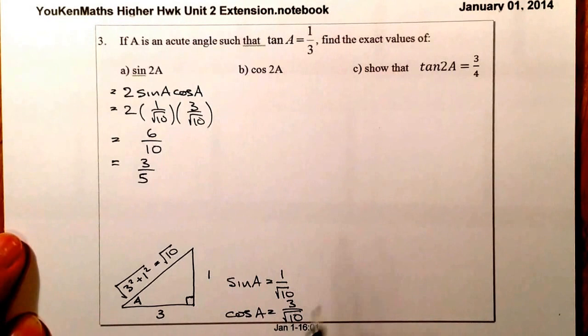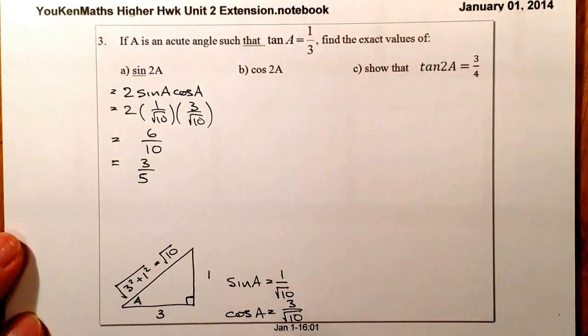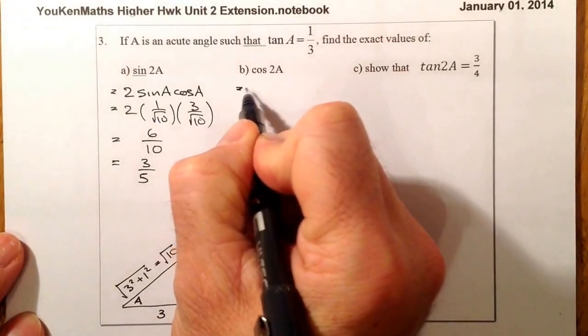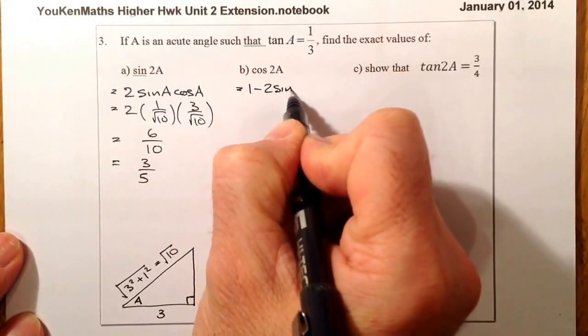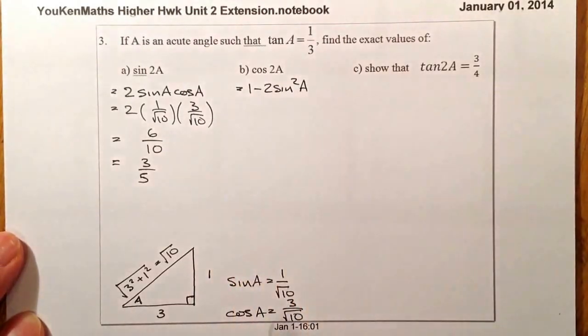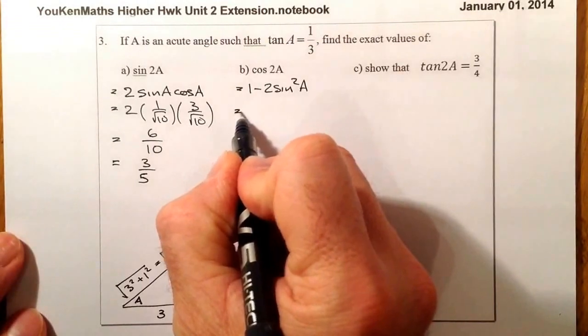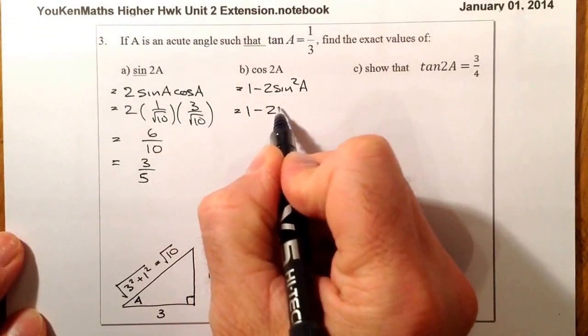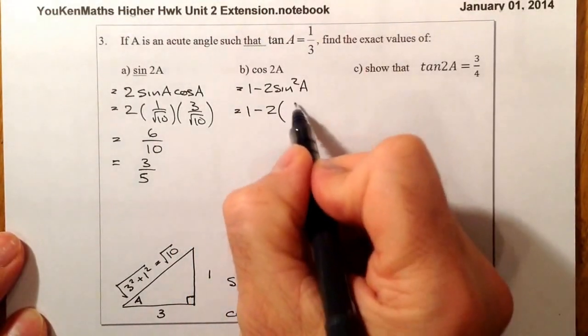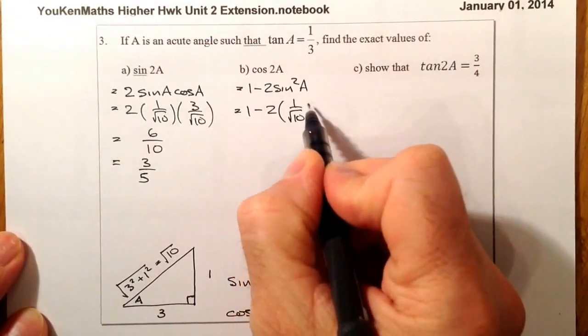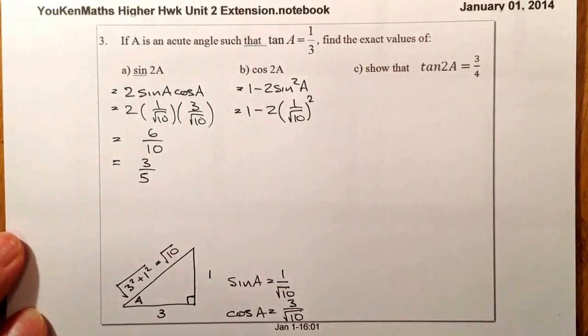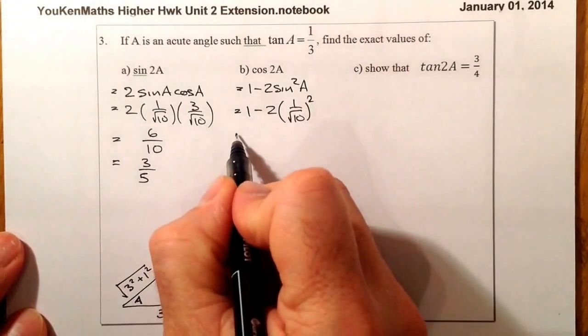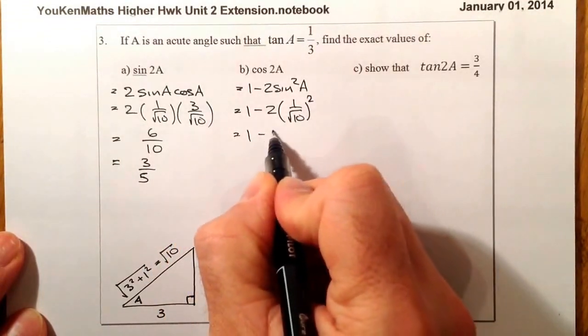For part B, I could use a variety of equations there. I could use 3 equations, but the one I'm going to choose will be 1 minus 2 sine squared A. I've already got sine A here, so all I'll do is square that. So it'll be 1 minus 2 times, and sine is 1 over root 10, squared.